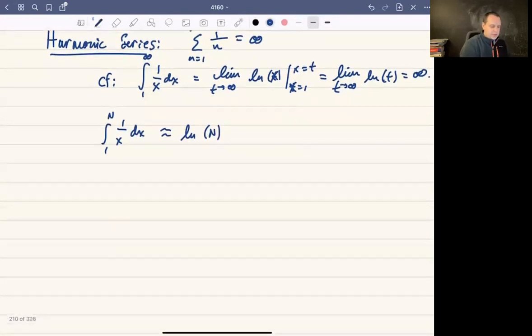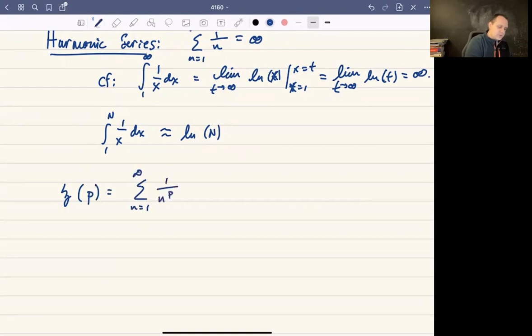One other thing I just wanted to mention is what is called the Riemann zeta function, which is a super complicated topic, but we can at least talk about a few things here. If I were to have zeta of p, this is going to be the sum of 1 over n to the p, which we know converges if p is greater than 1.